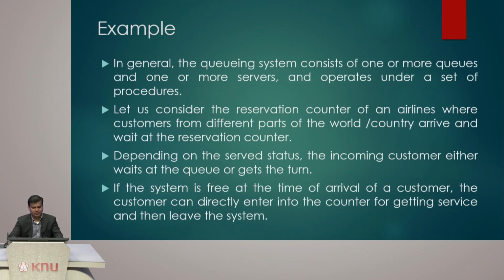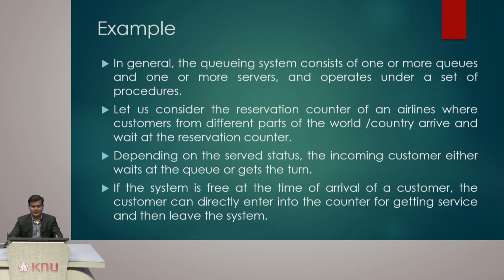Generally speaking, the queuing system consists of one or more queues and one or more servers, and operates under a set of procedures. Let's consider a reservation counter of an airline, where customers from different parts of the world arrive and wait at the reservation counter.